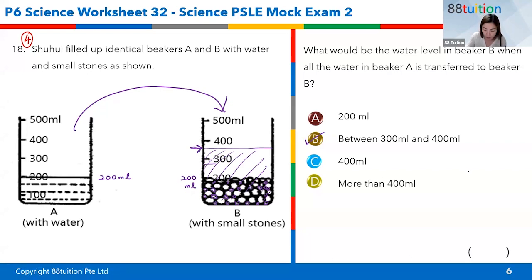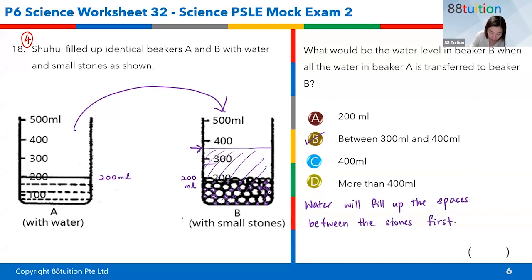So do copy down somewhere: water will fill up the spaces between the stones first. If I were to point to this and this, these are spaces, or you can call them the gaps. All right, let's go on.